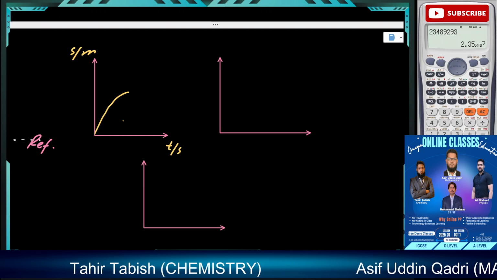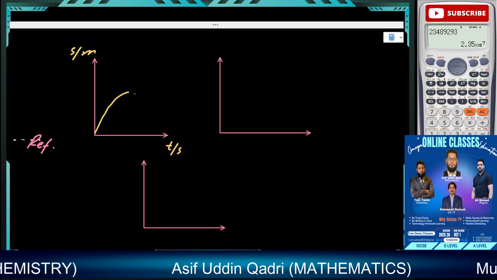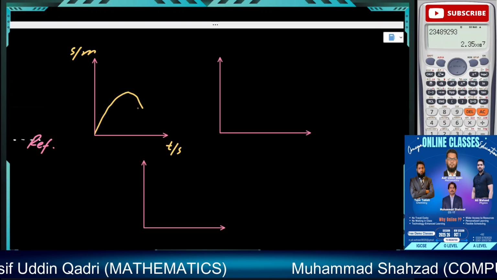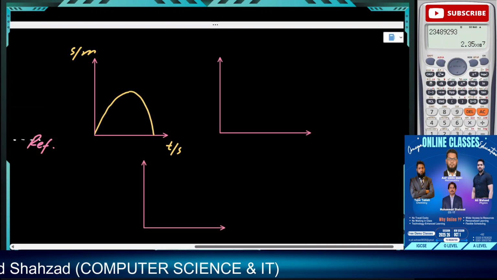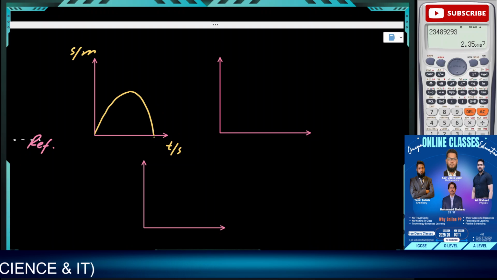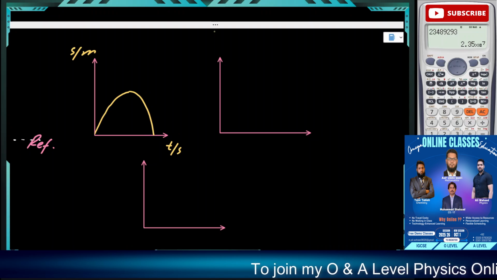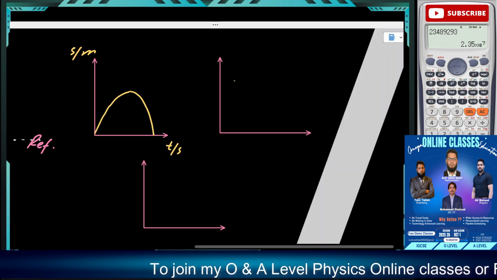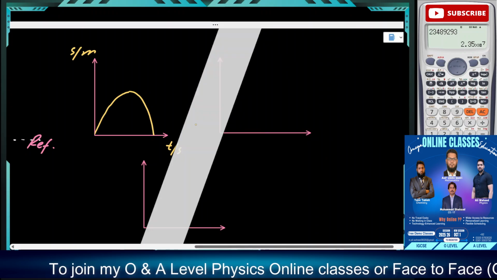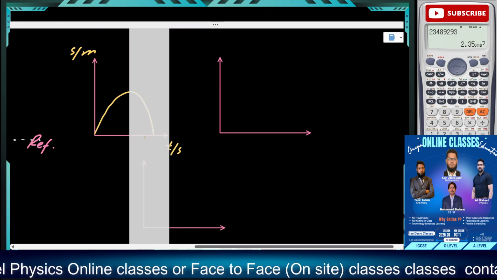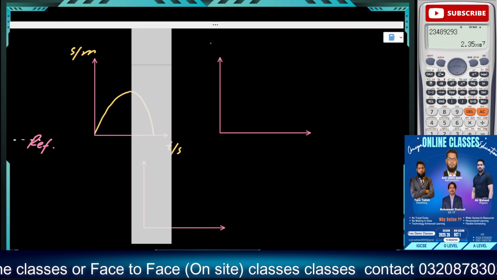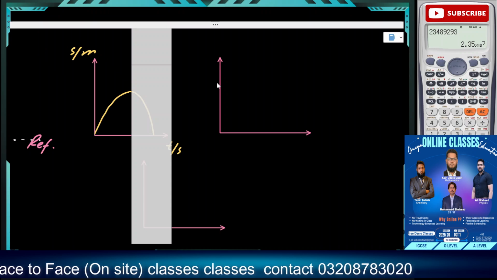When it falls downward towards the reference point, the displacement then decreases, and when it reaches the starting point, back to the ground, the displacement would be reduced to 0. So for the first graph, the displacement time, you can see we have two parts of it. I can even draw a very faint line.